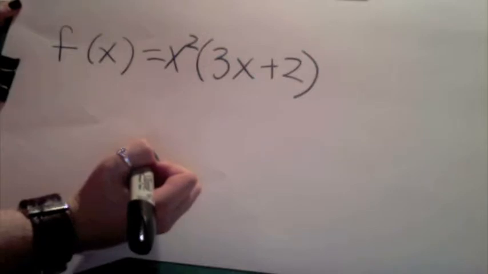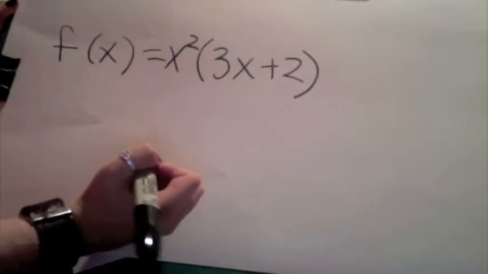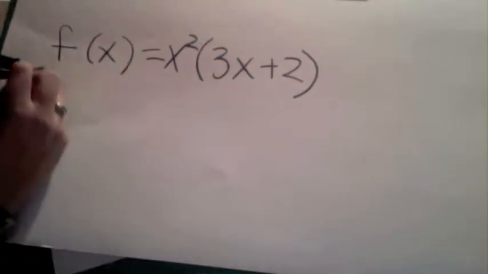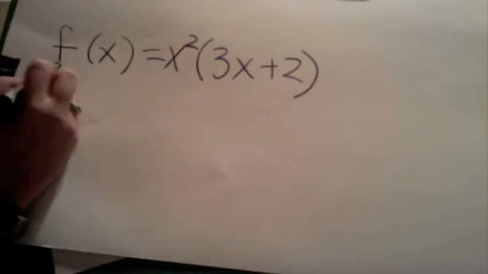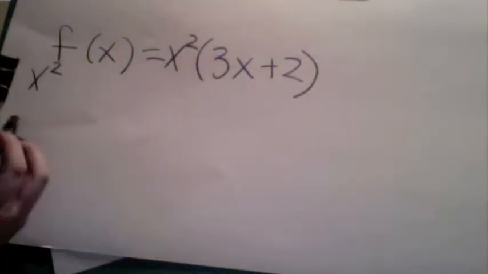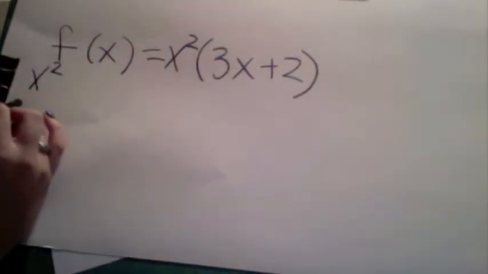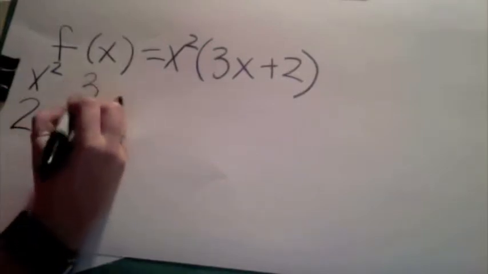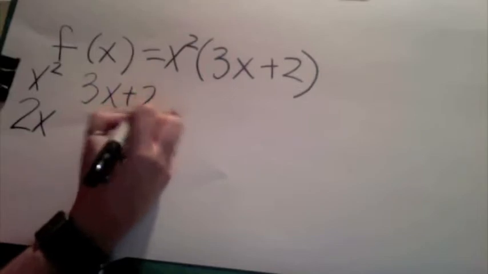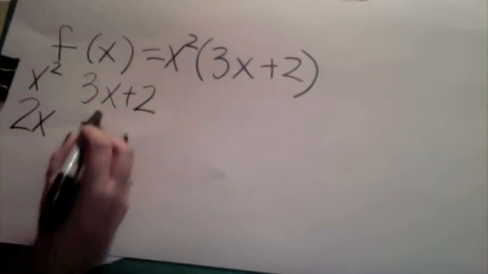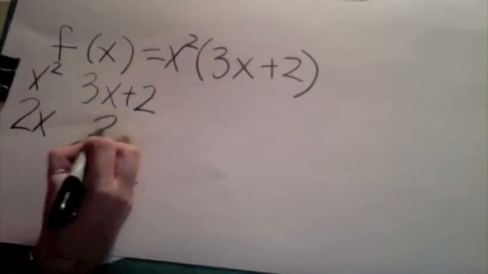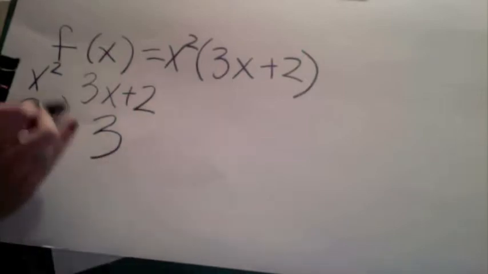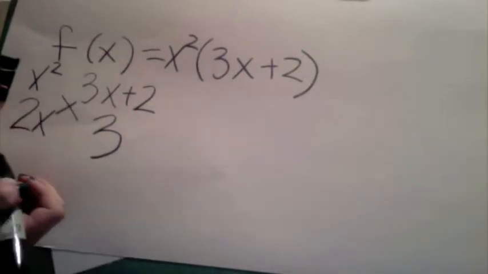To use the product rule, you set a square up. So you would do x squared, its derivative, which would be 2x, 3x plus 2, its derivative, which would be 3, and then you cross multiply.